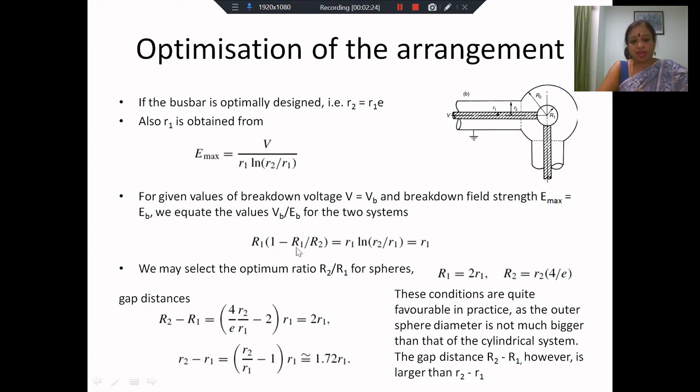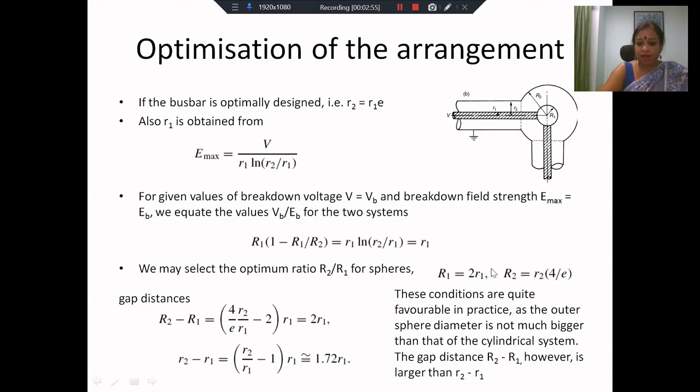Okay, first when we equate the values, we get capital R1 into (1 minus R1 by R2) equal to small r1 ln R2 by R1, and this is equal to R1. So we must select the optimum ratio for R2 by R1 for spheres, and this gives me capital R1 to be equal to twice small r1. And if you remember, relating it to R1 e, capital R2 will be equal to small r2 into 4 by e.